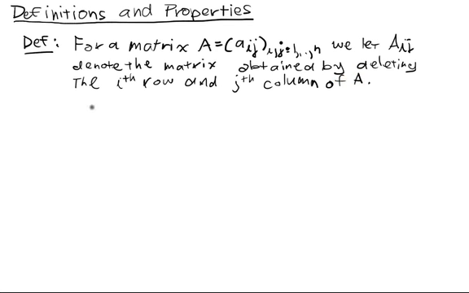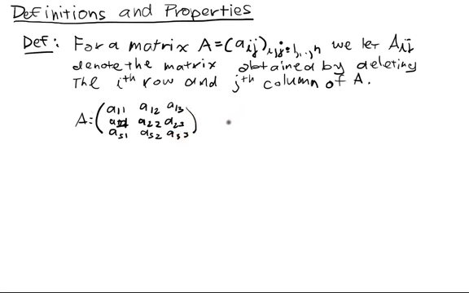So for example, let's do a 3 by 3 example. A is equal to the matrix with entries A11, A12, A13, A21, A22, A23, A31, A32, A33.